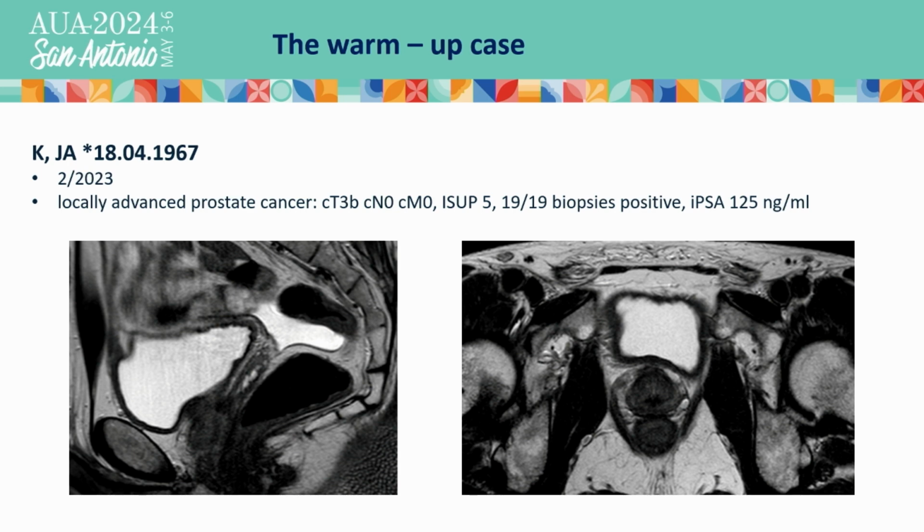So the policy in our department is to start patients on combined neoadjuvant androgen deprivation therapy. Usually it's ADT plus apalutamide, based on the idea of the PROTEUS study. With the PROTEUS study, we are just at the time point of doing the interim analysis. So most probably at ESMO this year, we will have the first results of the PROTEUS study.